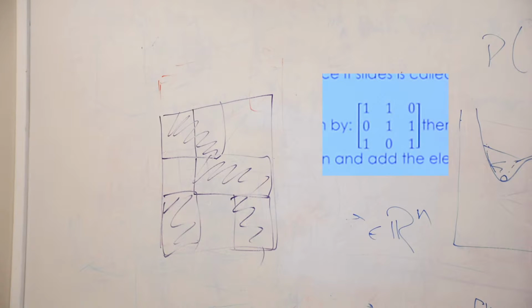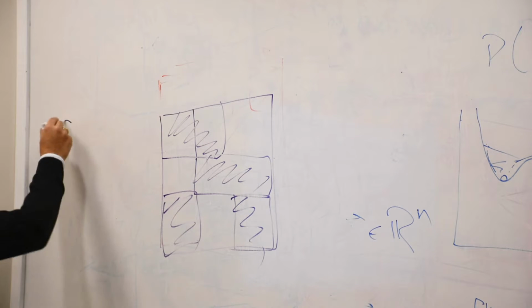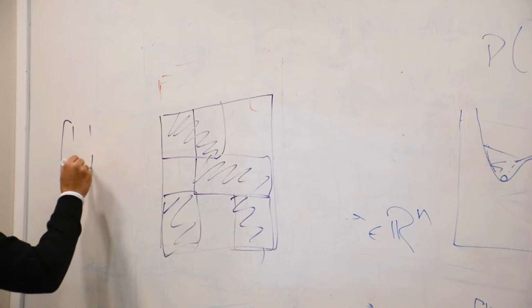So in this case, the feature map would be, so let's say the operator is 1, 1, 1, 0. So when I run this through this, how do I read it? In this case, the operator is going to be like an element-wise multiplication. So this is the operator, it's 1, 1, 0, 1.